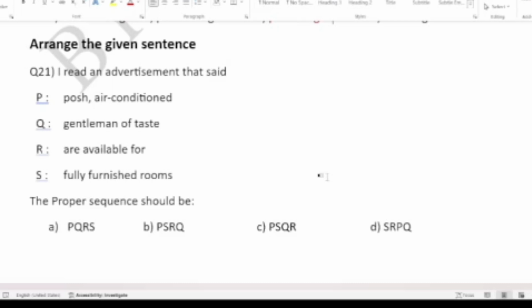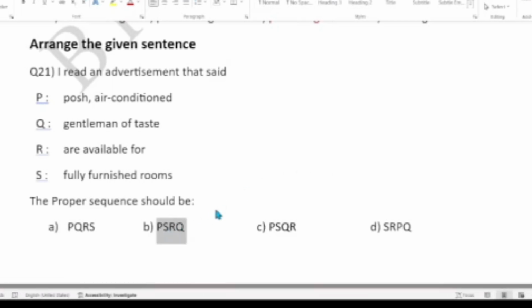So any option which starts with Q is not correct. Are available for, any option starting with R is not correct. Here we read the sentence time to time, so here we find a clue. I read an advertisement that said posh air conditioned fully furnished rooms are available for gentlemen of taste. So basically the correct option of this question is option number B.